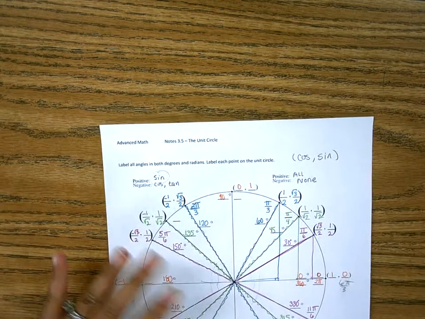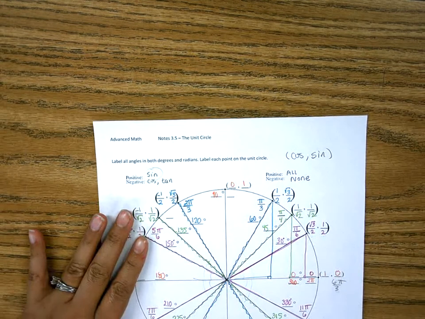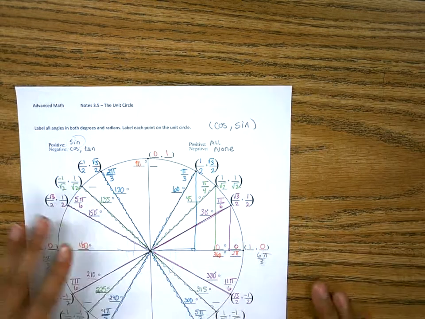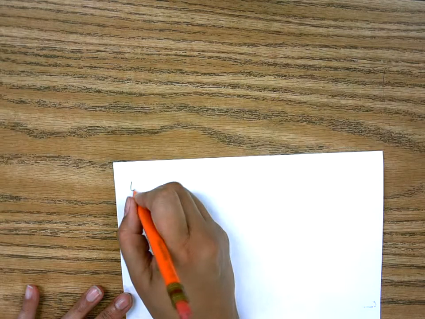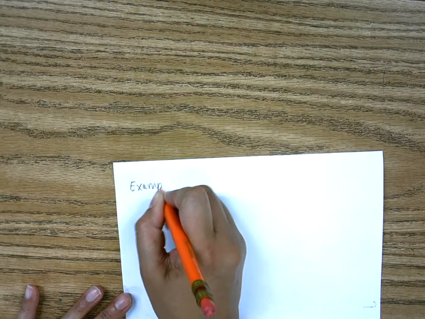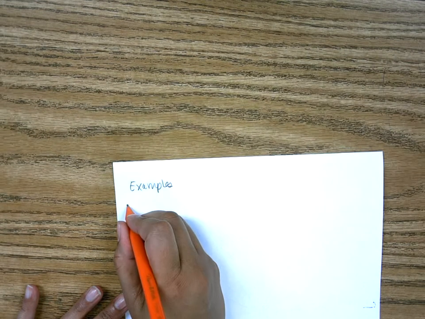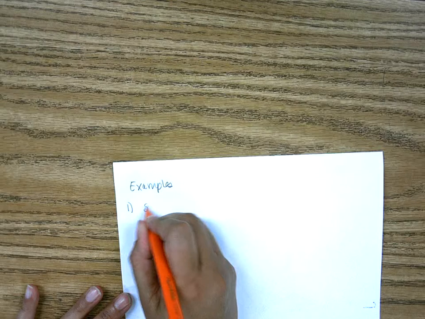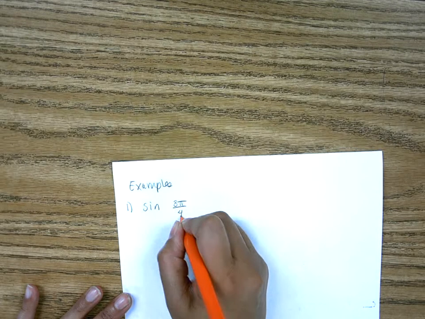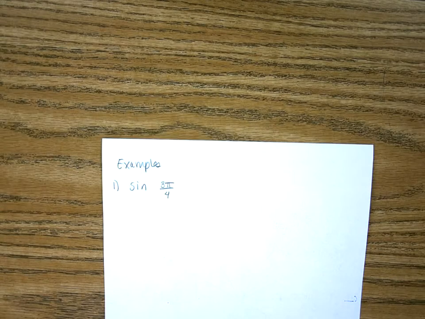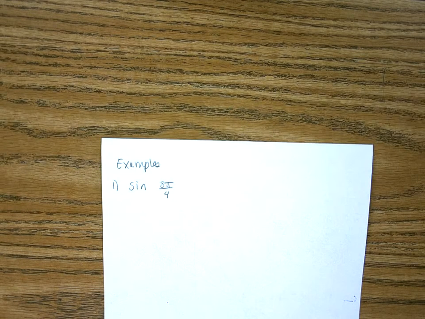If you want to do it on a separate piece of paper so that you can work side by side, and then you have your unit circle here, that is up to you. All right, so examples. I'm going to ask you stuff like this. Number 1, sine of 3 pi over 4.